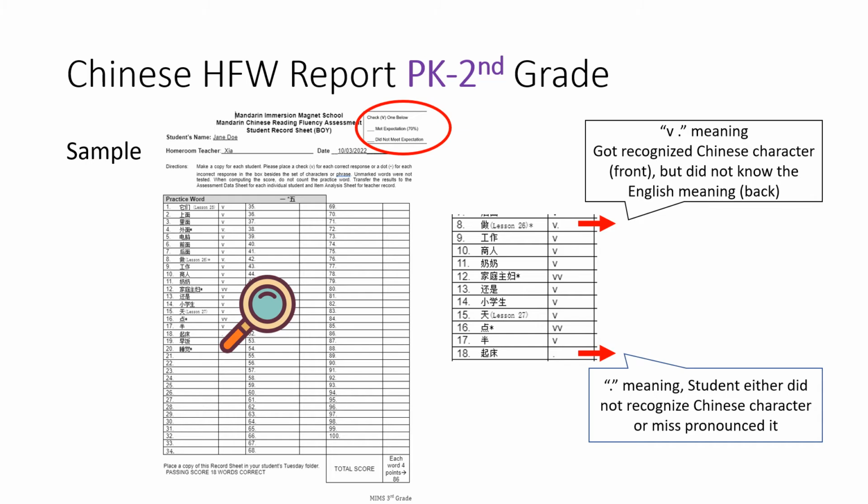But for the retest, the highest they can receive is 70%. At the bottom right corner, you will see the actual score for the high frequency word test.